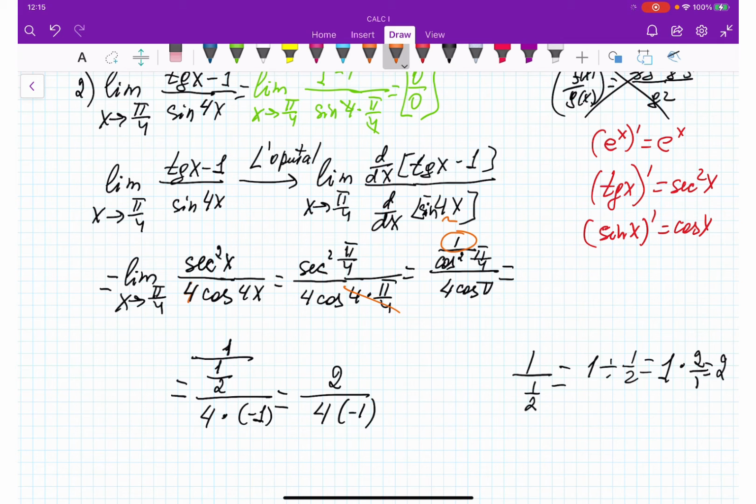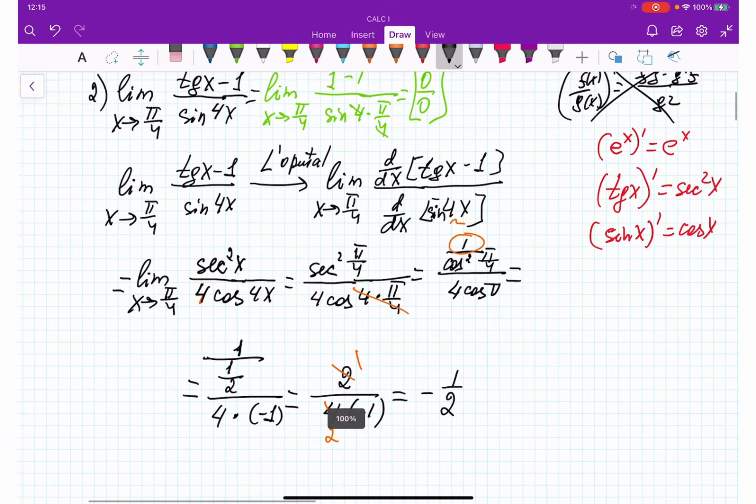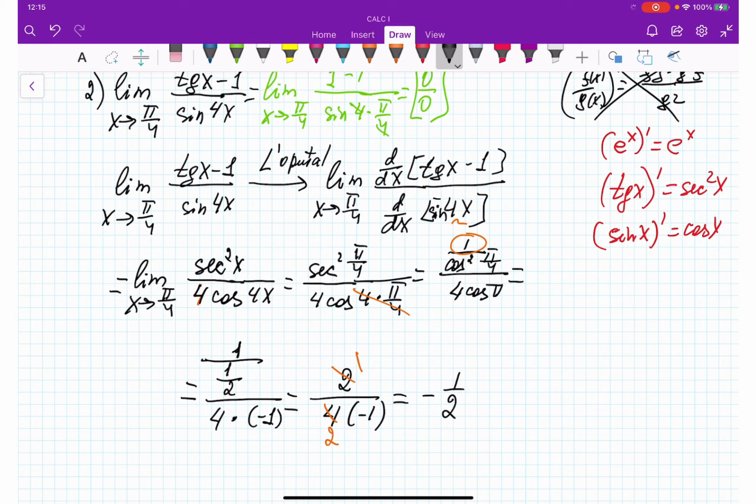Okay, I made it. I didn't miss any step, so it can be clear. Let me now clean this drafting. And I have here 1, this is 2, and the result is -1/2. And here we have -1/2. Okay.